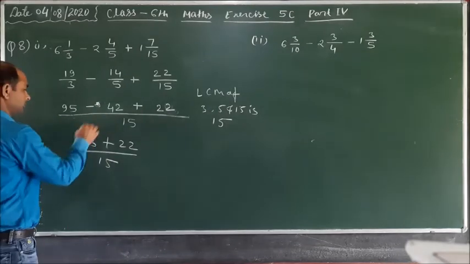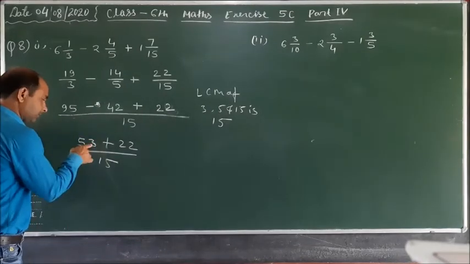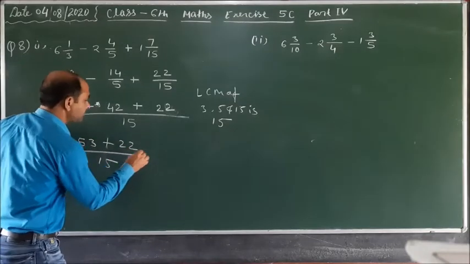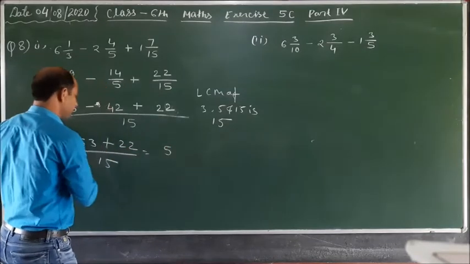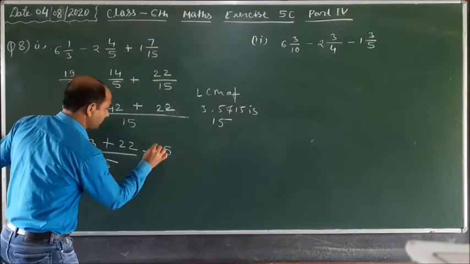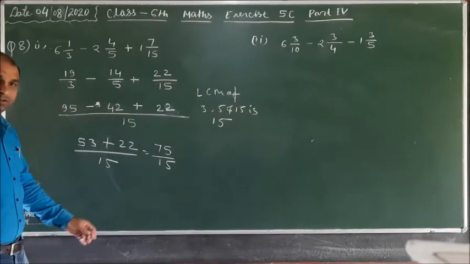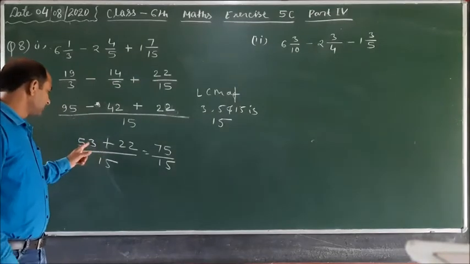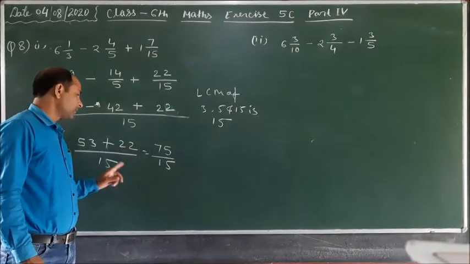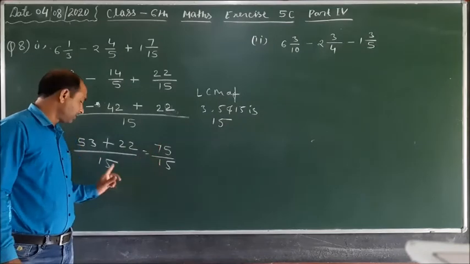Okay? Now, then add 3 plus 2 equals 5, 5 plus 2 equals 7 upon 15. So 75 upon 15.